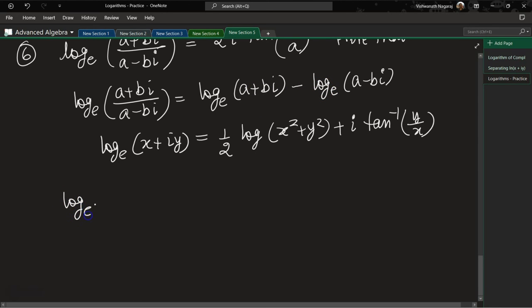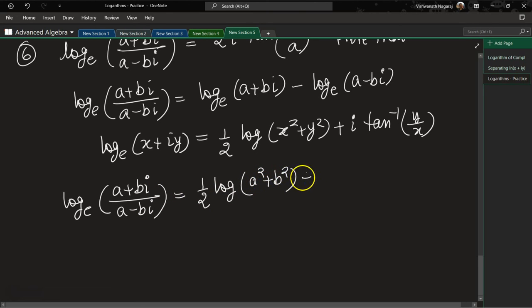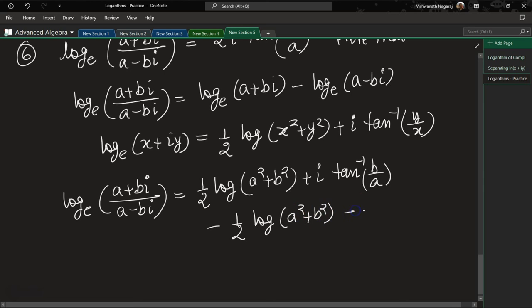So our log e of a plus bi by a minus bi is equal to 1 by 2 log of a square plus b square plus I tan inverse of b by a minus again 1 by 2 log of a square plus b square minus I, but minus into minus, so this will become plus I tan inverse of b by a.